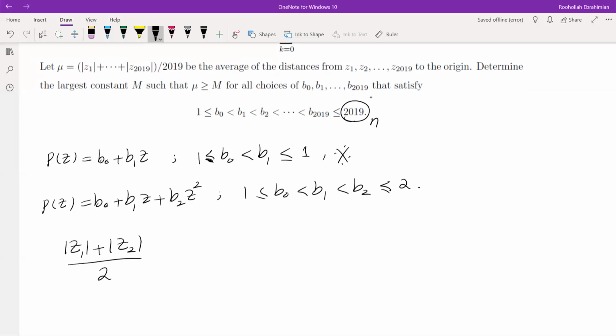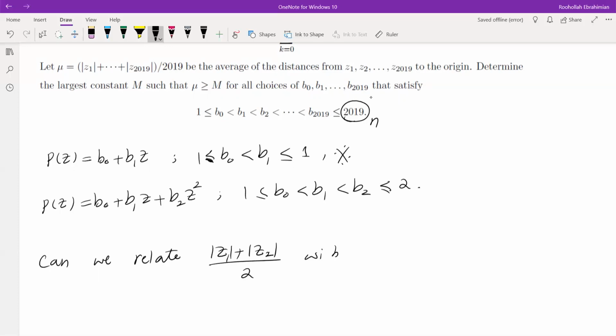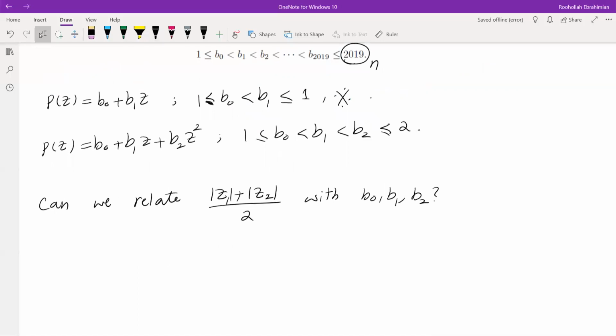Instead, I'm going to see if I can somehow relate this with the coefficients. If I have the sum of the absolute values, can we relate that with the coefficients? Can we relate this average with B0, B1, B2? I know that if I did not have the absolute values, I could.